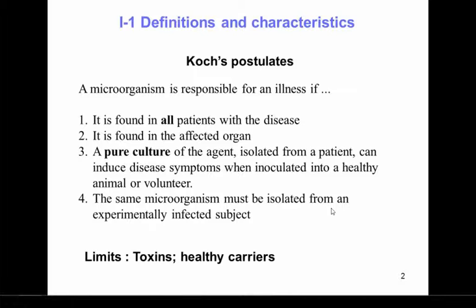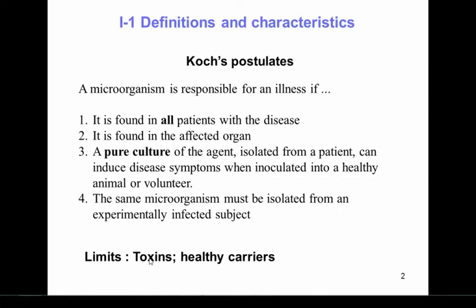So those were the principles set out by Robert Koch, and they still are the gold standard for determining whether a microorganism causes disease. However, it's not always possible to do or to validate each of these 4 points for every microorganism. So, for example, sometimes some bacteria can secrete exotoxins that can cause pathology at a site distant from where the bacteria are.